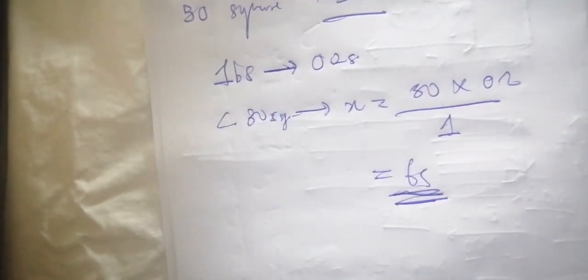So 30 times 0.2 is going to give you 6 seconds. When you are moving for 30 big squares, you are moving up for 6 seconds. Are you understanding? And similarly, if you do the same cross multiplication, you understand that 50 big squares correspond to 10 seconds. And now let me explain from here the rule of 6 and the rule of 10.